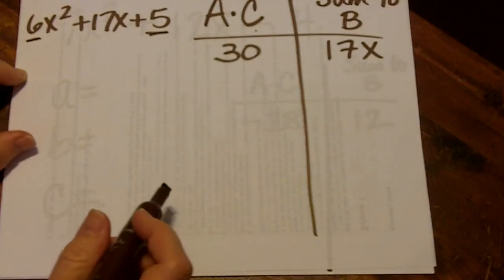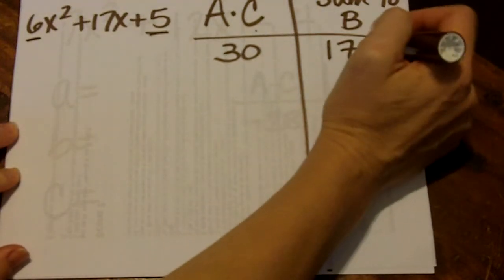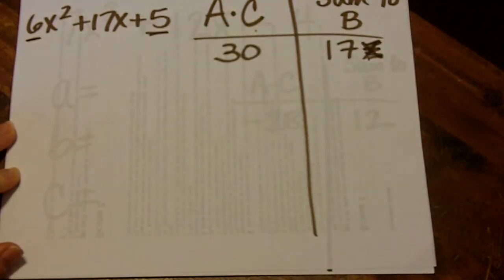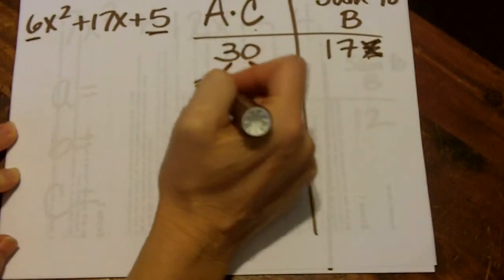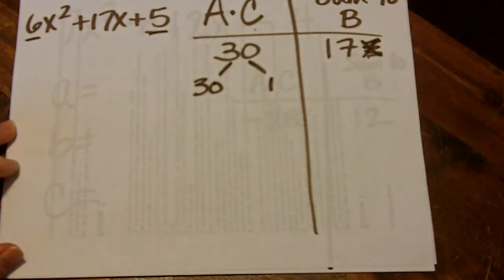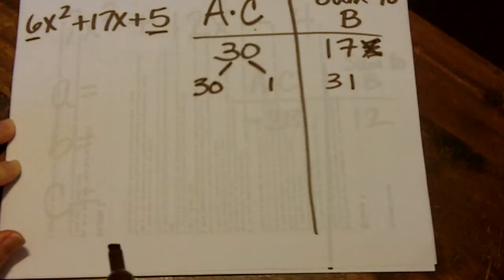Now we're going to look for factors of a times c that are going to sum to b, which is 17, really, not 17x, although we will be going there. Okay, now the easiest way to do that, of course, is by starting with 30 and 1, okay? Because those are factors. Now they sum to 31, correct?